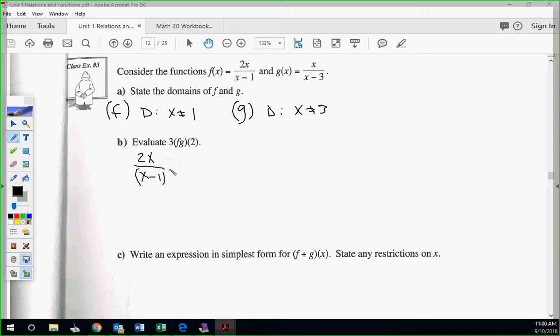Because we multiply, you go straight across, right? So 2x times x is 2x squared. And then I would leave the bottom as is. The reason it's nice to have these as is is because you can see your domain restrictions, and it's easier to plug in. That right there is what fg is.